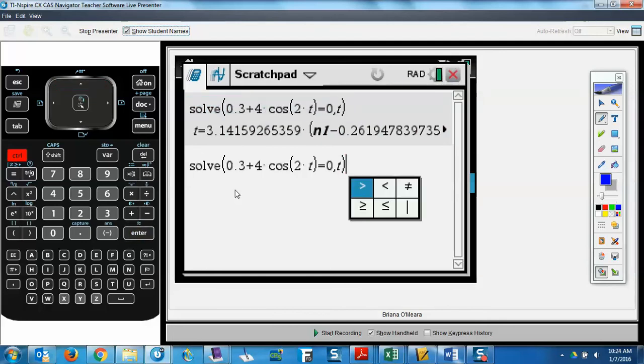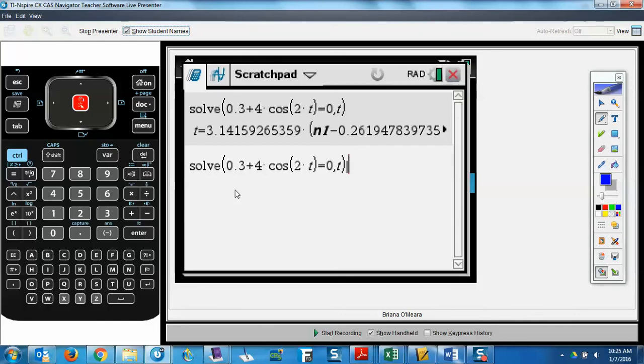Remember, at the end of the solve, we've got to remember how to do this. This is a good review right now, because we're going to be doing this on calculator problems all year long: doing the derivative, setting it equal to 0, and solving it. If it's got a trig function in it, we usually want the vertical bar. So what do we want t to be in between? 0 and what?